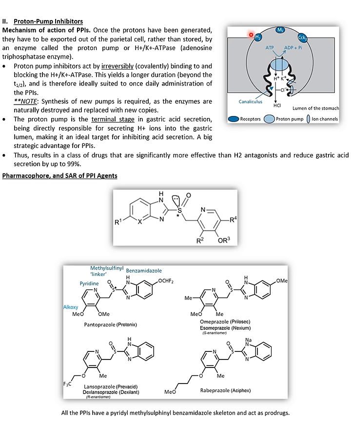So even if you have stimulants from this receptor or from that or this, the fact that we block the final stage here guarantees that there are no other ways this acid is going to be synthesized. So that's what makes this drug unique. As a result, this method of inhibiting the secretion of the gastric acid is much more significant, more effective than the H2 antagonist. It's able to reduce the gastric acid secretion by up to 99%.